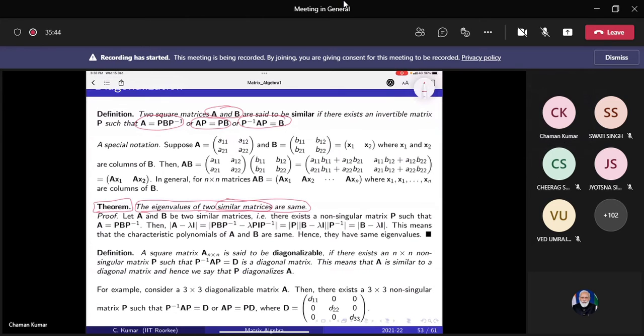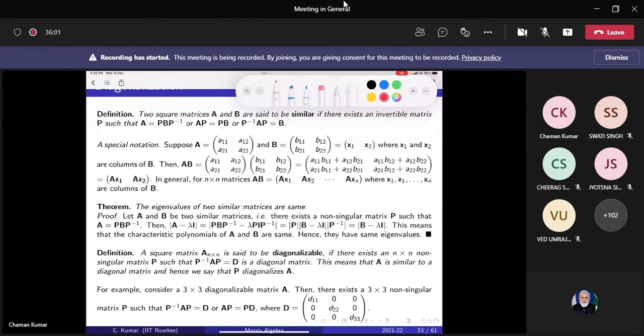Fine. So to prove this theorem, we will show that the characteristic equations of these two matrices are same. If the characteristic equations are same, the eigenvalues will be same. So let us go through the proof. We say that A and B are two similar matrices.